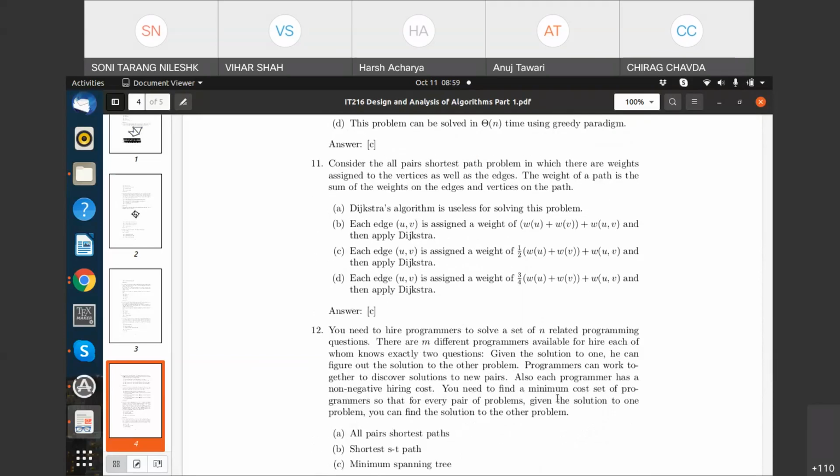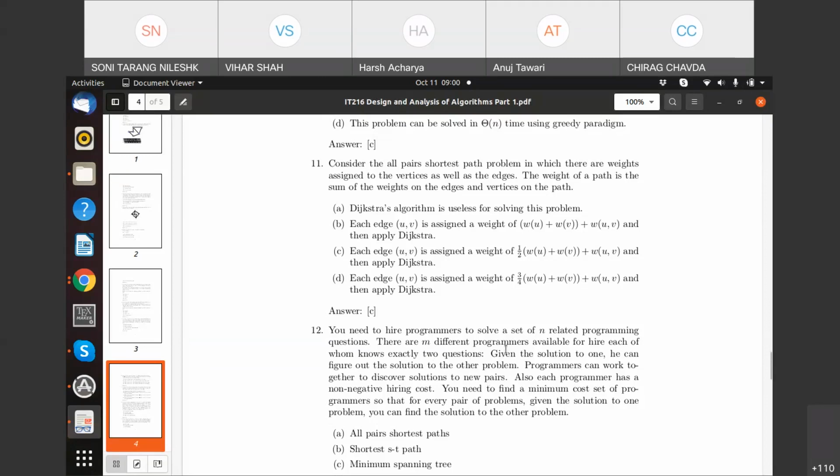Okay, this is another interesting question. We need to hire programmers to solve a set of n related programming questions. There are m different programmers available for hire, and each knows exactly two questions. Given the solution to one, he can figure out the solution to the other. They can work together to discover solutions to new pairs.